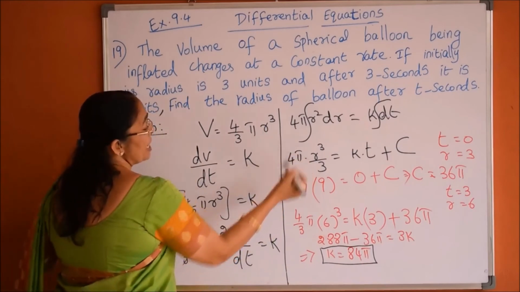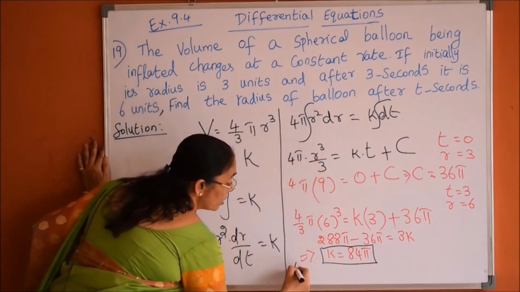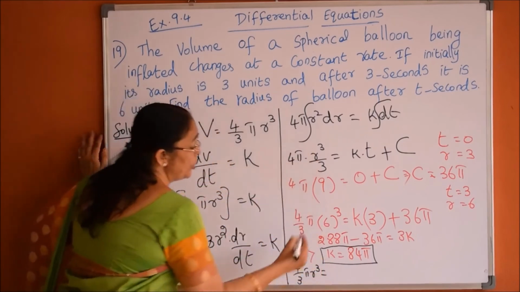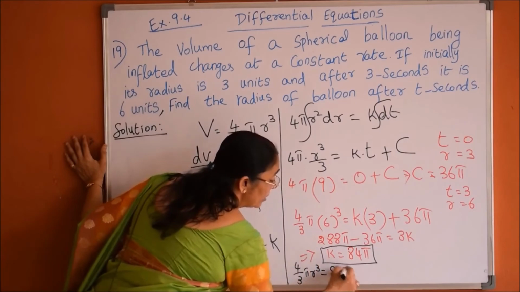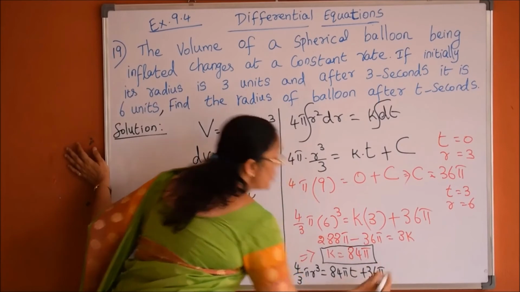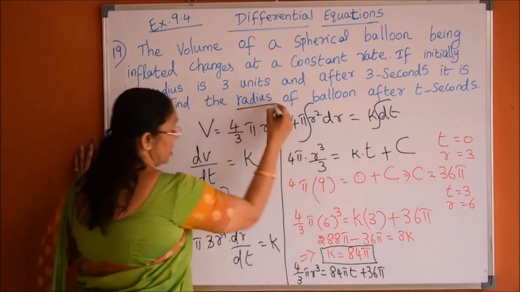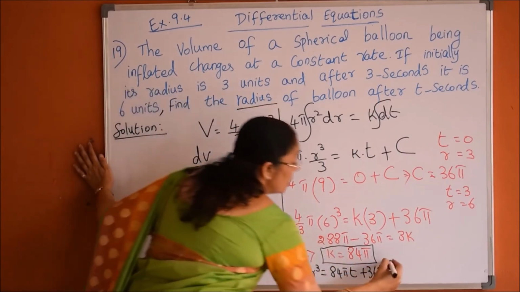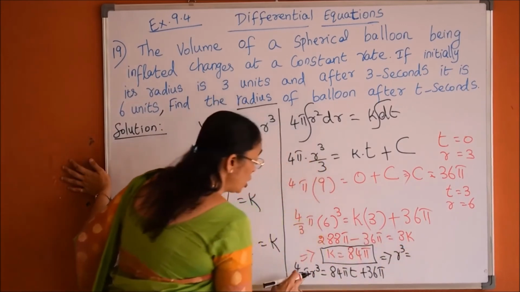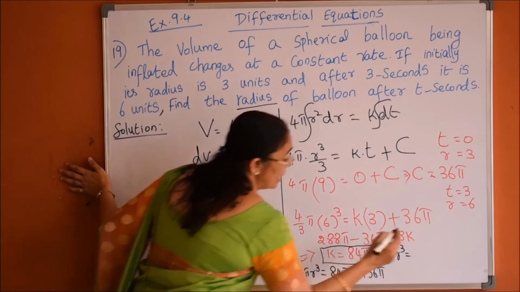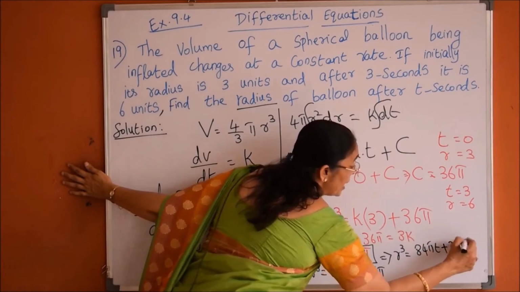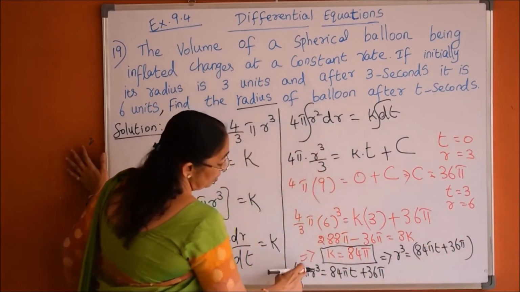So now our equation is 4 by 3 pi r cube equals k into t, that is 84 pi t plus c, where c is 36 pi. What is our question? We have to find out the radius. So we need only the radius from this. This implies r cube equals 84 pi t plus 36 pi, into 3 by 4.